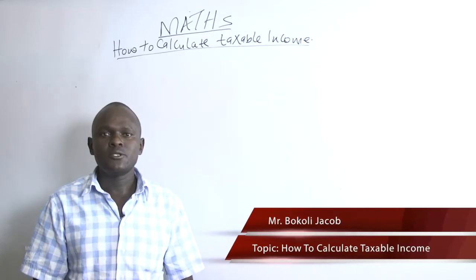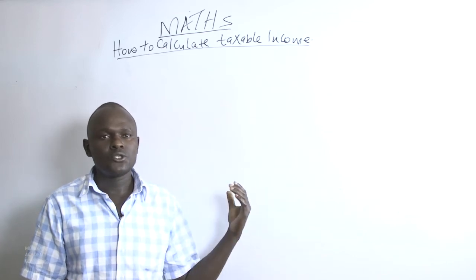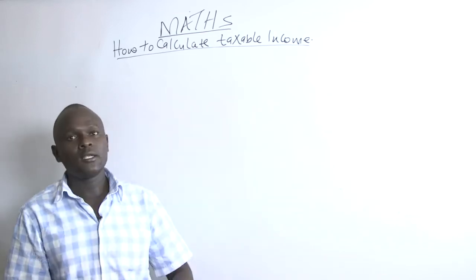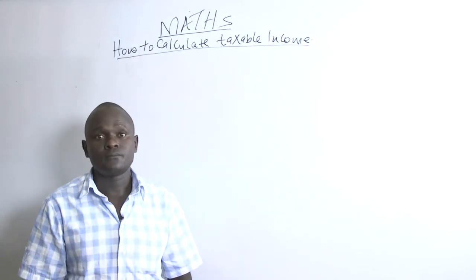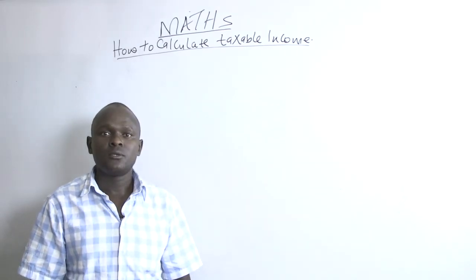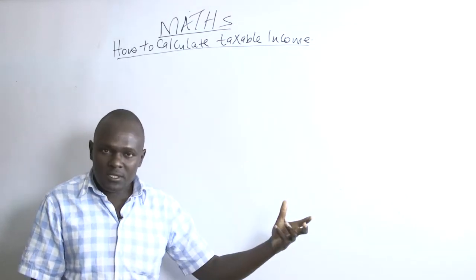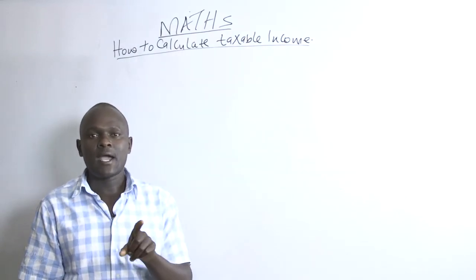And as I had promised you earlier in my last lesson, I was to teach you how to calculate taxable income. In this particular case, it is a unique case because in our previous lesson we looked at how to calculate income tax payable.